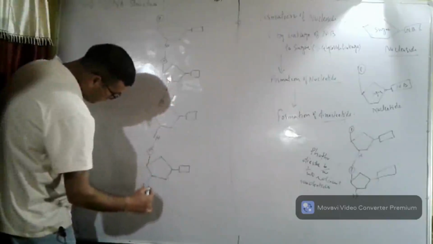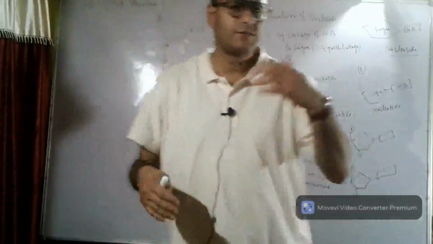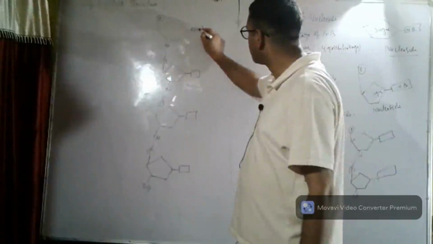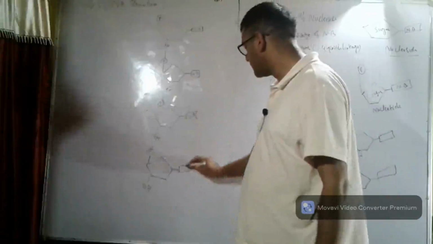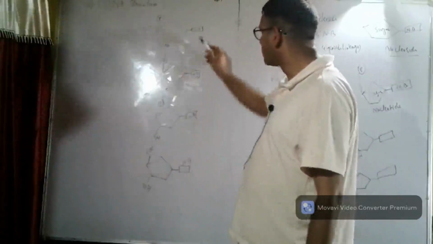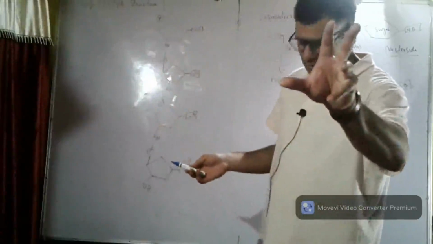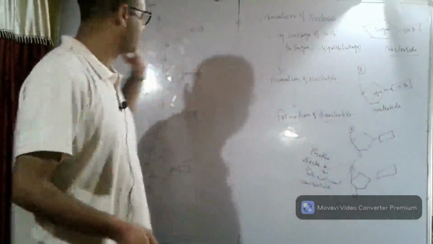So here we can easily define what is 5' and 3' end. See, this is nitrogenous base, this is nitrogenous base, this is nitrogenous base. Nitrogenous base can be adenine, thymine, guanine, cytosine. Out of four, only one: either adenine, thymine, cytosine, or guanine.